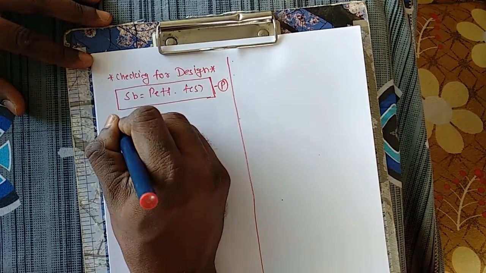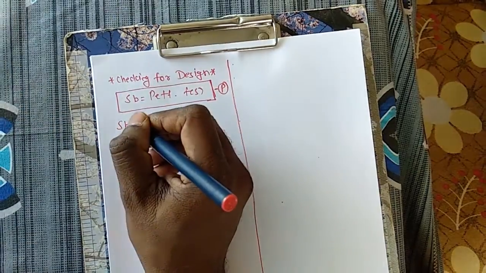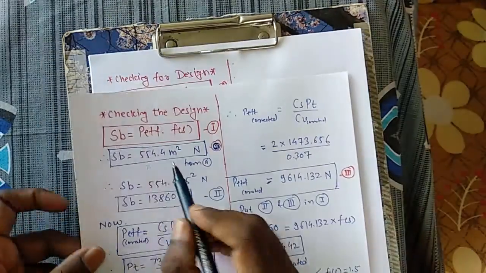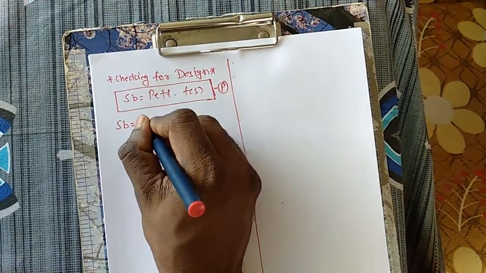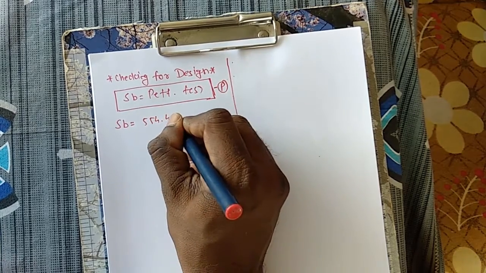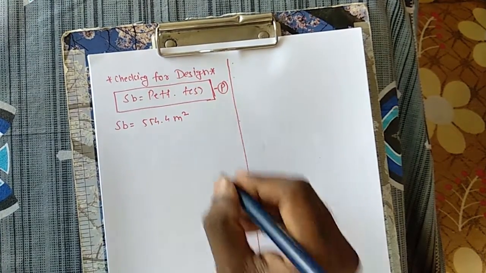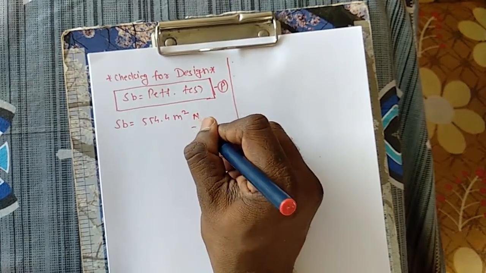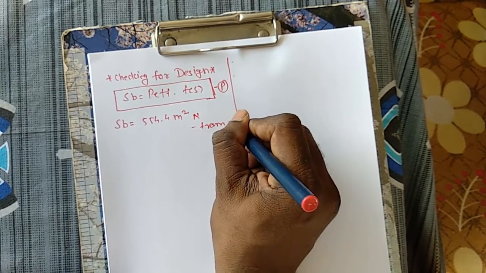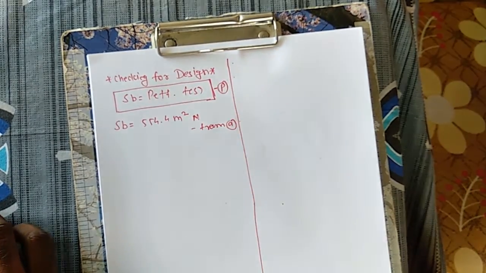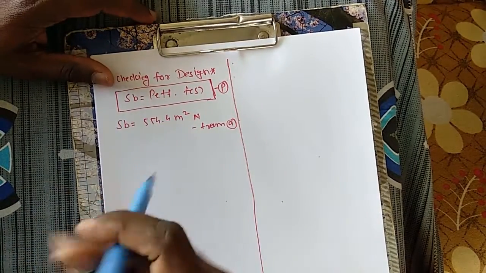We know that SB is nothing but 554.4 m square Newton. This is from equation A. We have seen in equation A like this, but now we have taken m as 6.